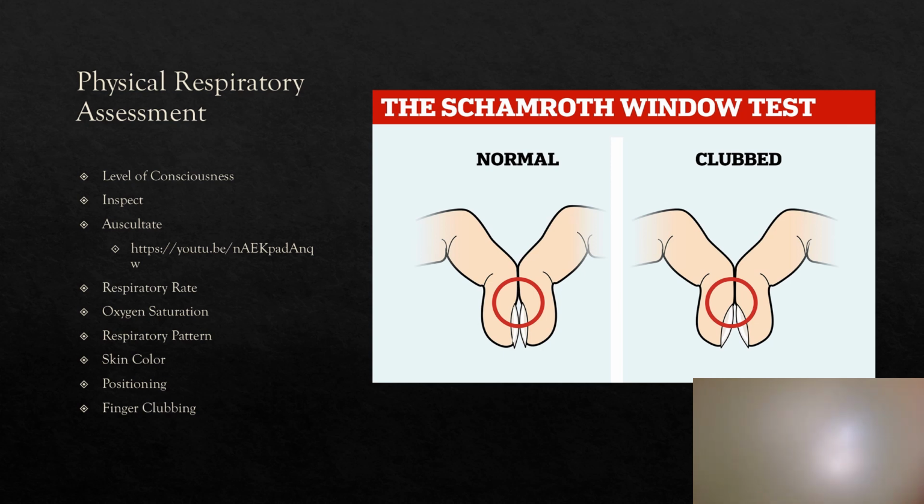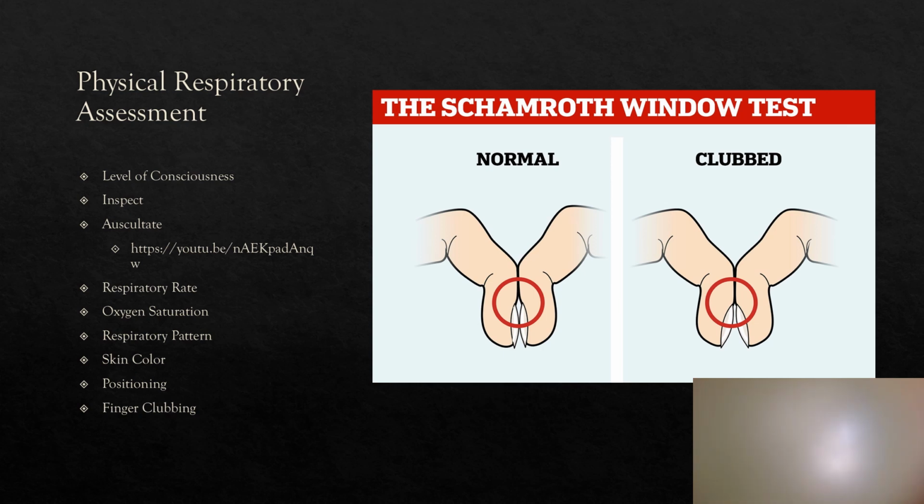If they're breathing too slow, this is often due to an airway obstruction, respiratory acidosis, sedation, drug overdose, or cardiac arrest. We need to assess the oxygen saturation. We like for it to be greater than 94%.